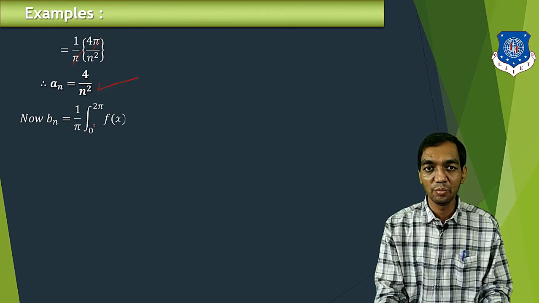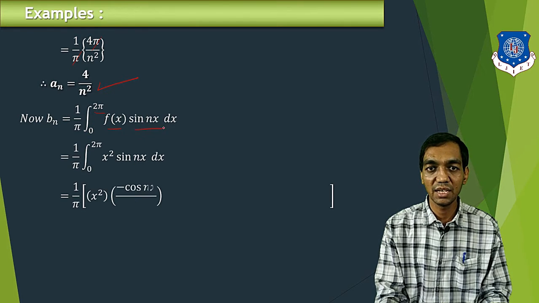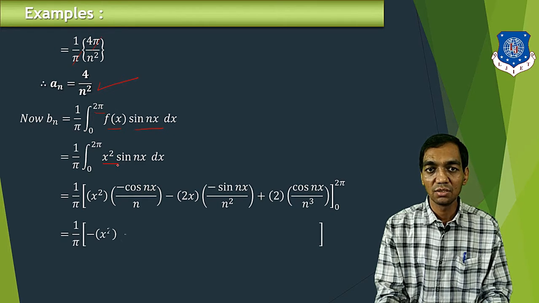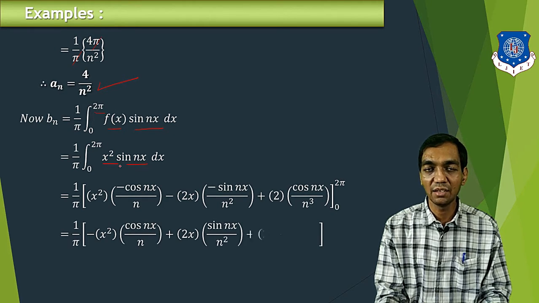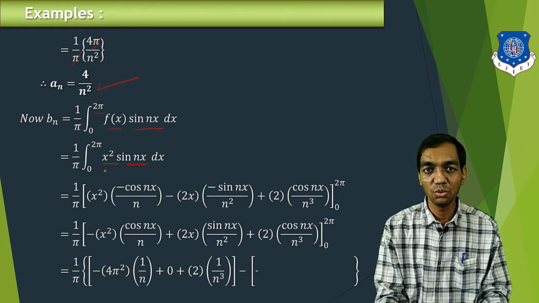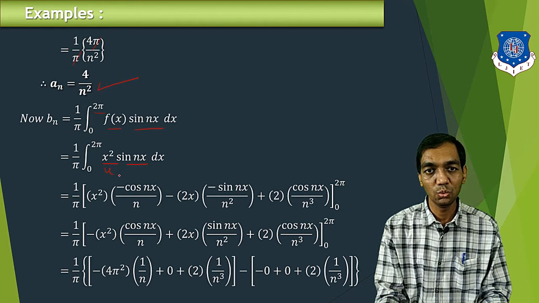In the same manner, bn will be 1 upon pi integration from 0 to 2 pi f(x) into sin nx dx. Now f(x) is x square, so put it and apply continuous integration by parts. So x square is going to be considered as u, and sin nx is going to be considered as v.